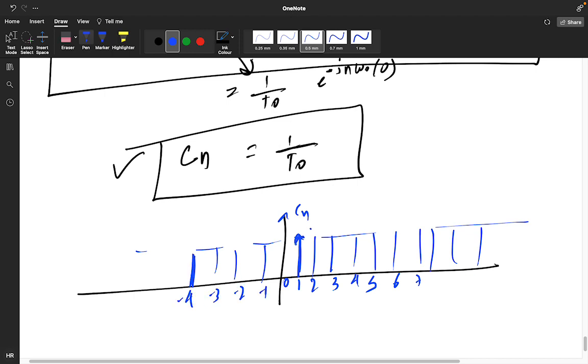This will be in a discrete form, not in continuous form, and all the values will be 1 by t naught. So this is also a real signal.